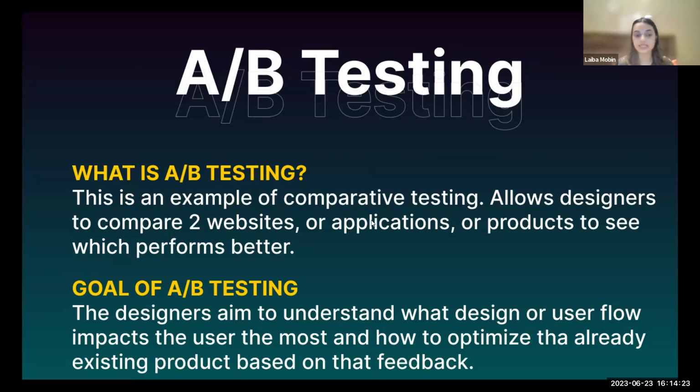So that's simply what A/B testing is. And what the designers aim, or what the researchers aim from A/B testing, is to understand what the users want. What do they prefer? And how exactly can we make sure that we incorporate those preferences and those design factors that please the users and optimize our already existing design or our already existing product. And if it's not already existing, then how exactly do we make a good product? So that's what A/B testing is.